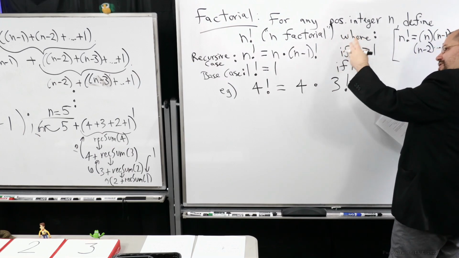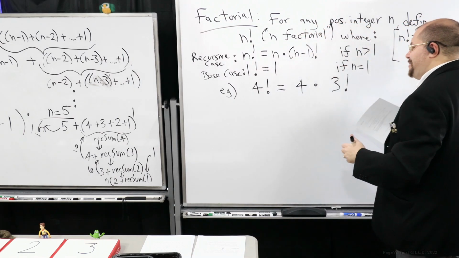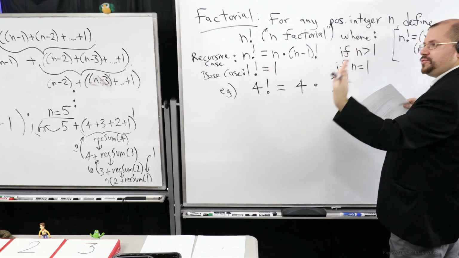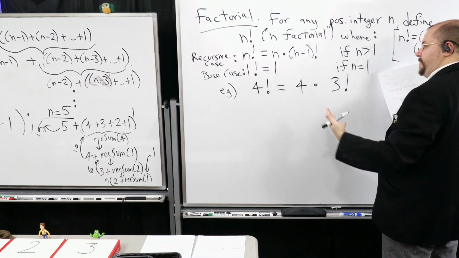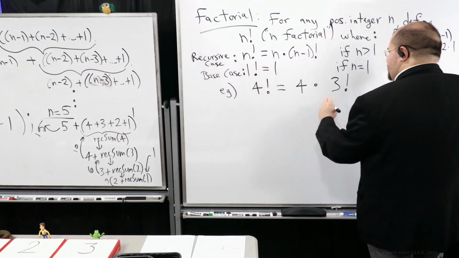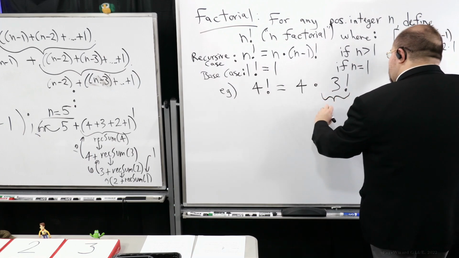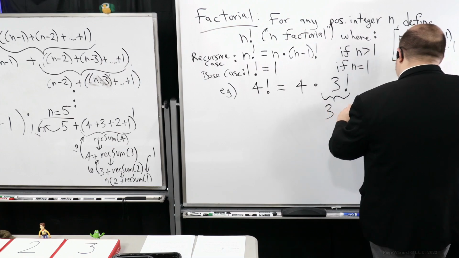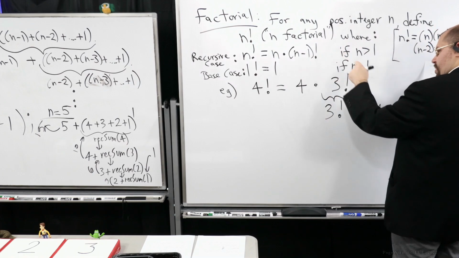So what I've written on the board here is what we would call a recurrence relation. So this is one way you could also describe things recursively. In this case, it's literally talking about functions. Well, to answer this question, 3 factorial is just 3 based on the recursive case.